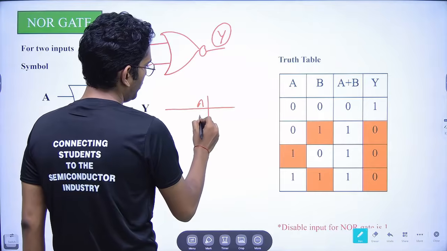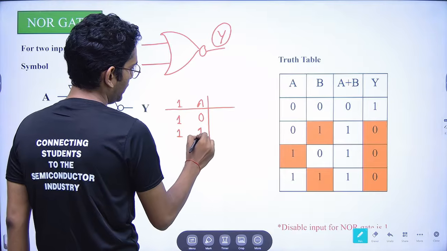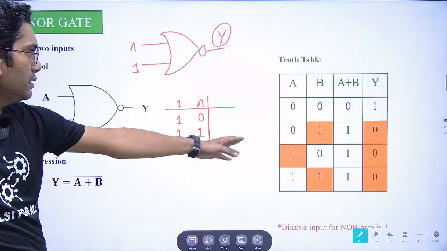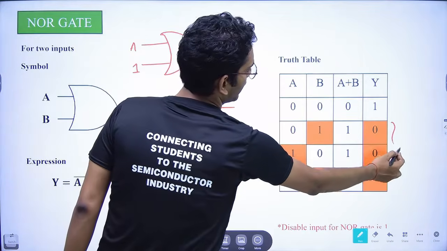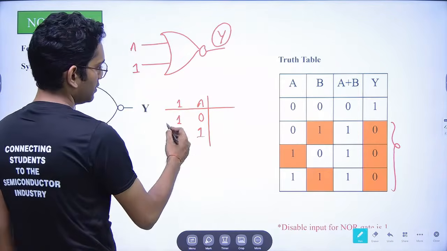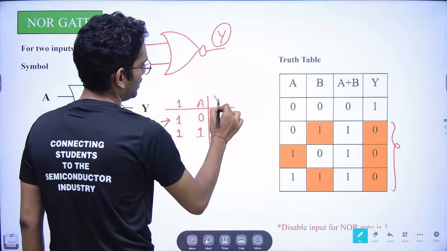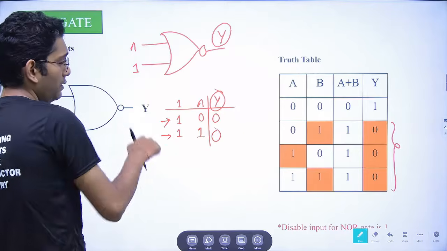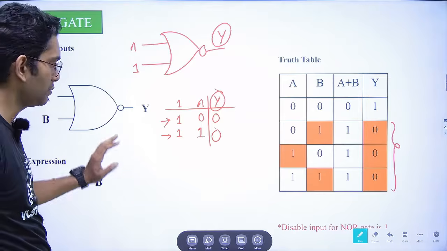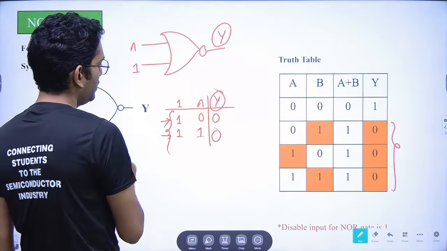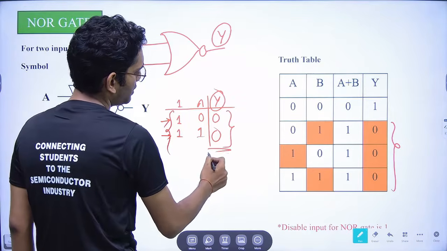For A, the inputs are 0 and 1, and for the other input, 1 and 1. As you can see in the truth table, if any of the input is 1, we get 0 as the output. So here we will get 0, here we will get 0. So in the NOR gate, the disable input is 1. This means if any of the inputs is 1, whatever other inputs we apply, it doesn't matter, we will always get the output as 0.